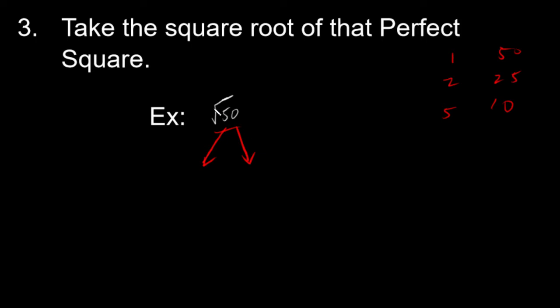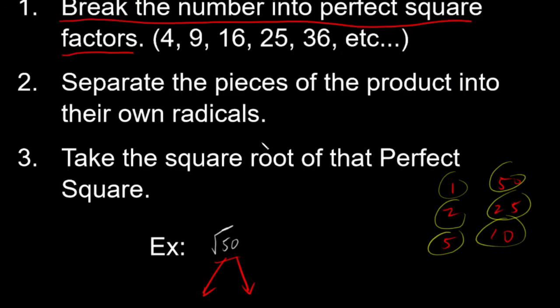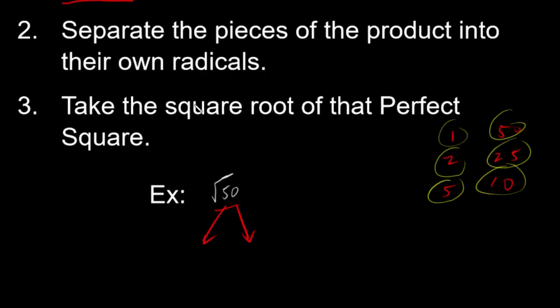Break it into a factor pair where one of these numbers, you know the square root of. This is what will be helpful to us. This is what I mean by break the number into perfect square factors.